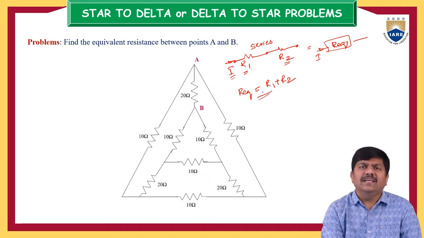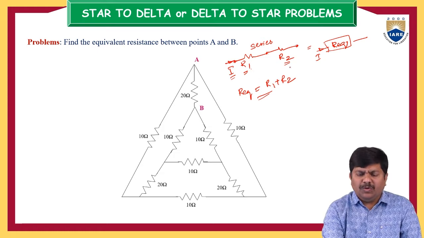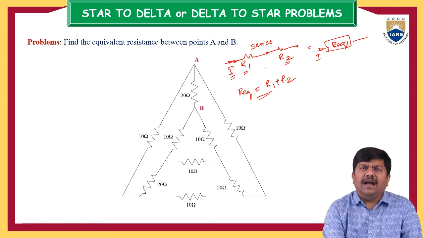This is a method by which we can eliminate elements connected in series. You need not represent two elements one after another; you can replace these two resistances and keep one element, R equivalent, whose value is R1 plus R2. So this is about the series connection.